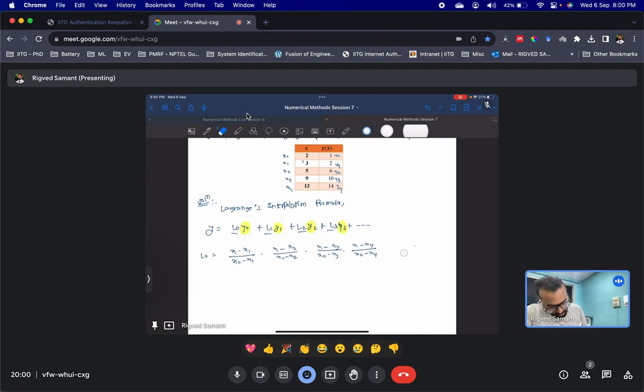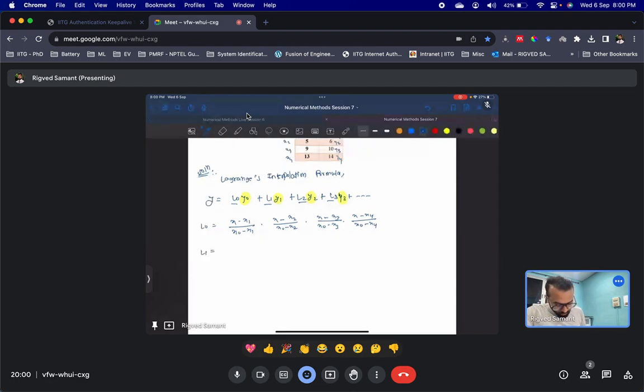Okay, now L1. We started with x0 for L0, so we had an x0 term there. Now for L1, x minus x0 divided by x1 minus x0, but I cannot have x1 minus x1, as it would be an undefined term.